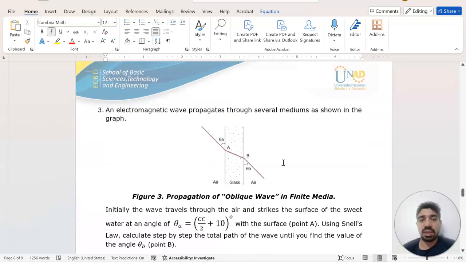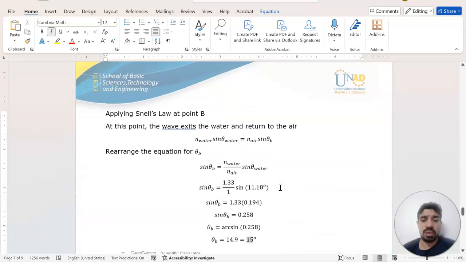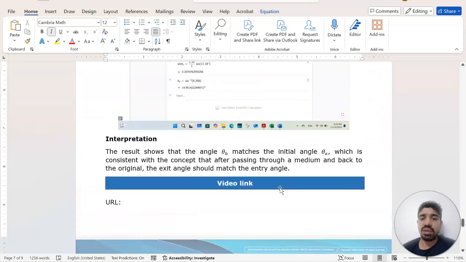So the exit angle is the same as the entry angle, which is normal, and is consistent with the concept that after passing through a medium and back to the original medium, the exit angle should match the entry angle.